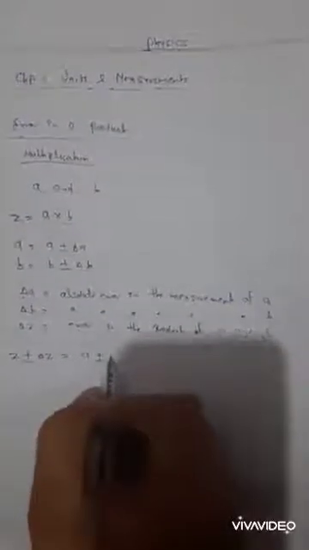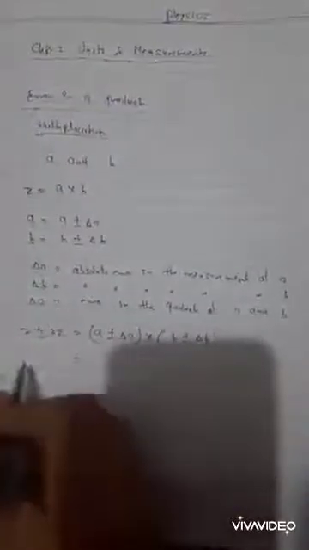So we can write that Z plus minus delta Z equal to A plus minus delta A multiply B plus minus delta B. And suppose this is your first equation.